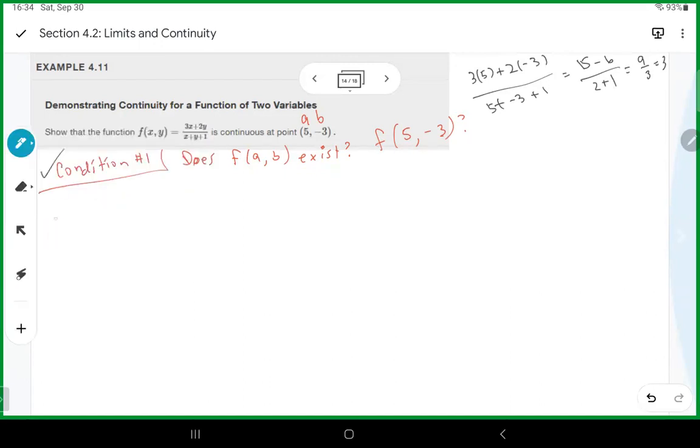So this first condition is satisfied. Let's do another color. Condition 2. And that condition is saying, does the limit as x y approaches 5, -3 of f of x y exist?